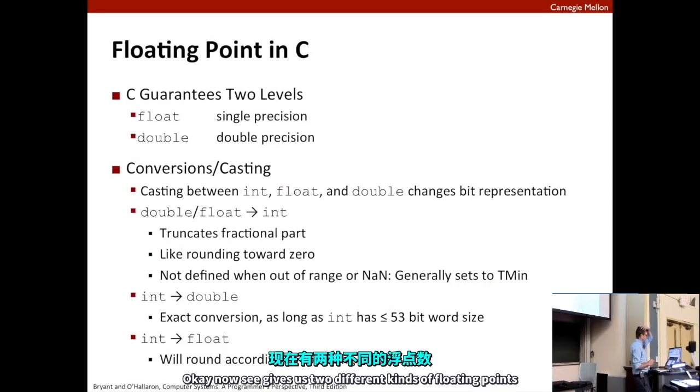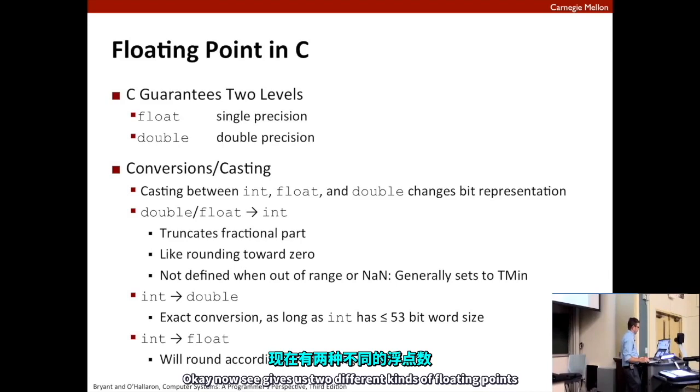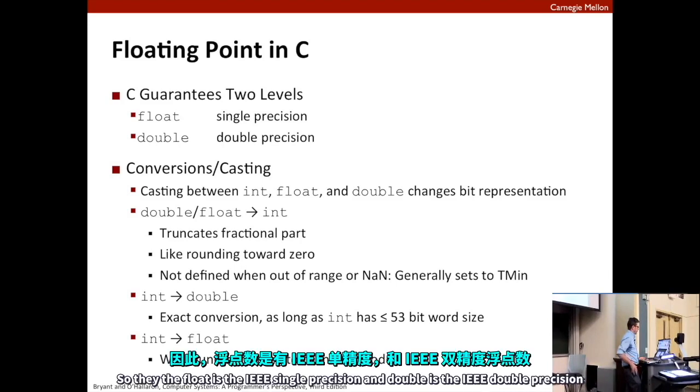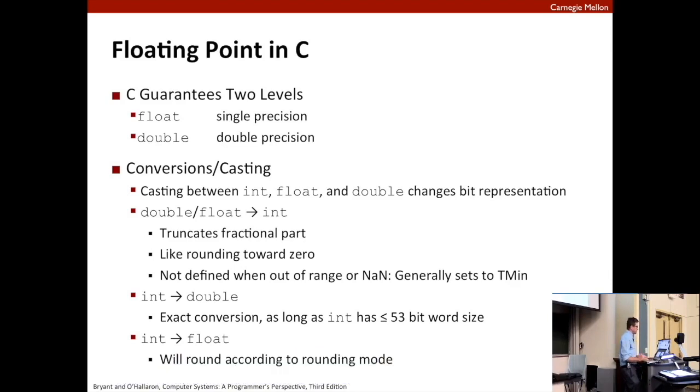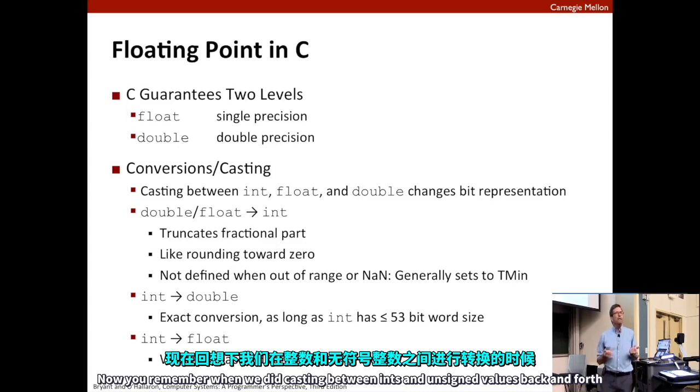Okay, now C gives us two different kinds of floating points. The float is the IEEE single precision, and double is the IEEE double precision. Now, you remember when we did casting between ints and unsigned values back and forth?